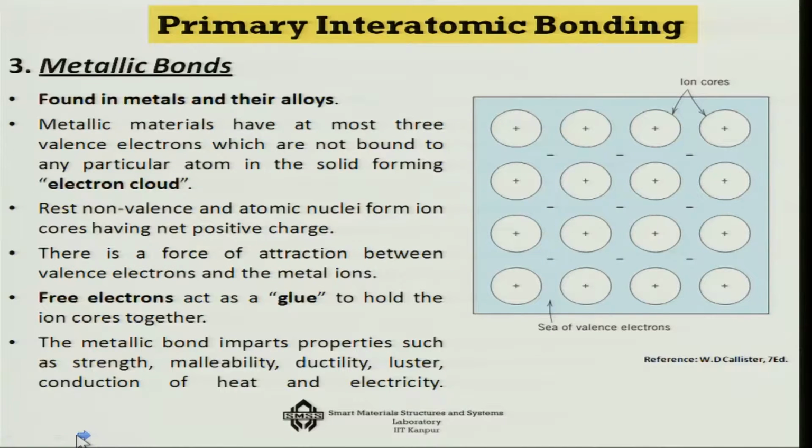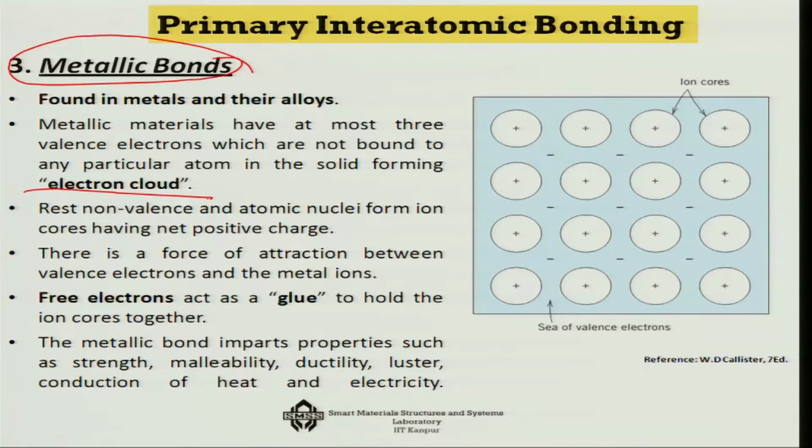Now, other than these bonds, there is another primary interatomic bond, which is also known as the metallic bond. For metals, this happens in a somewhat different manner. Every metallic atom is ready to give up some of its electrons and form a general pool of electrons, which is sometimes known as an electron cloud.